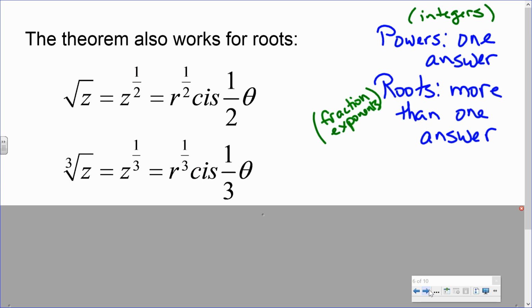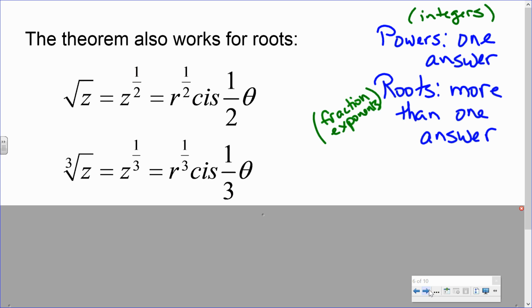But there's going to be a catch. If we just take something to the 5th power, or the 12th power, or if we just square it, we will only get one answer. But let's think about roots for a minute. We know that when we've been solving equations and we get to the step where we take the square root of both sides, what do we have to remember to do?